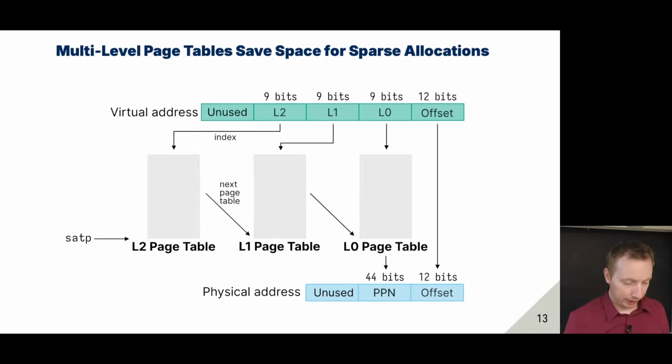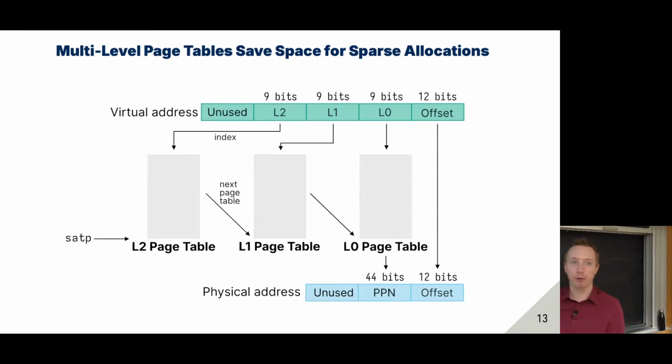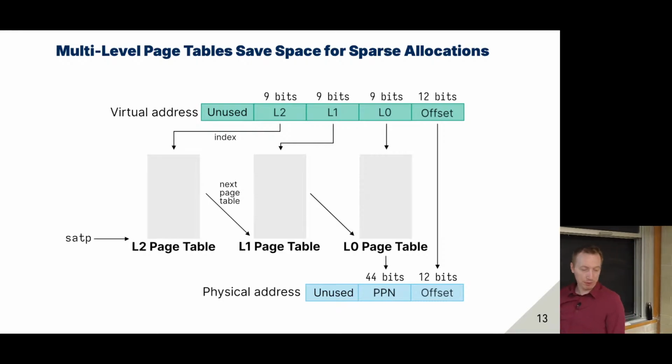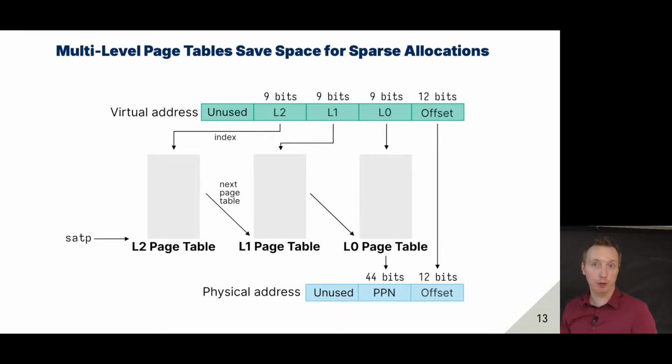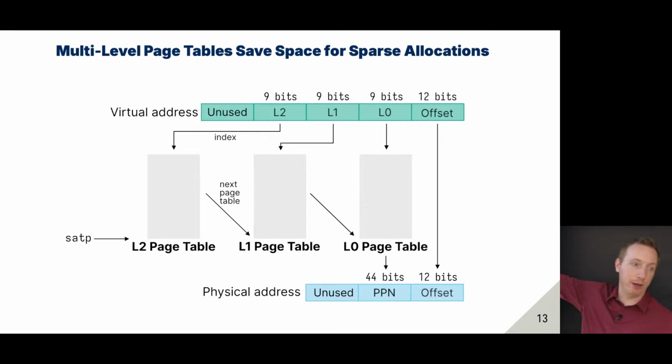If we determine that that is woefully inadequate, we would just add another level. So we just add another level, and then we can support a 49-bit virtual address, and that will probably keep us good for a while. But the reason we don't automatically just go to having 4 levels of page table is because this is really slow when you have to translate an address, right?